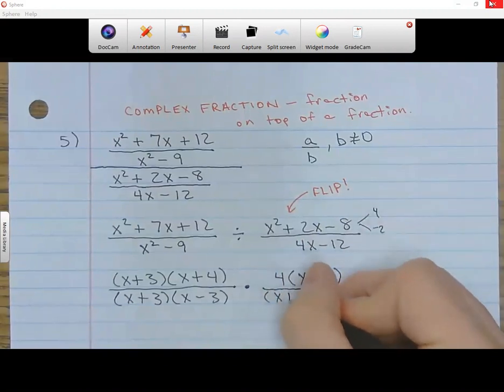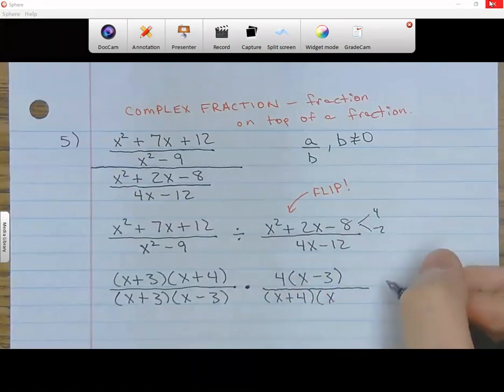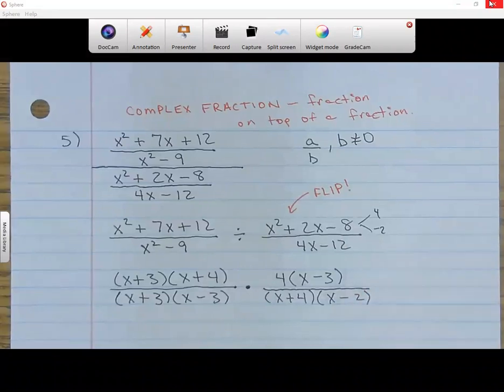So x plus 4 and x minus 2. Okay. So what I did in that step was I actually did two things at once. I factored the top and the bottom, and I flipped the fraction. So now the bottom is on the top and the top is on the bottom.